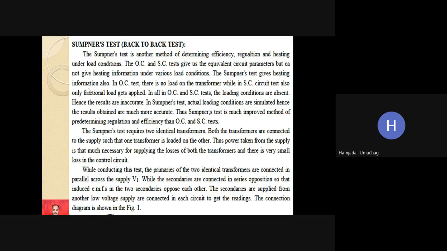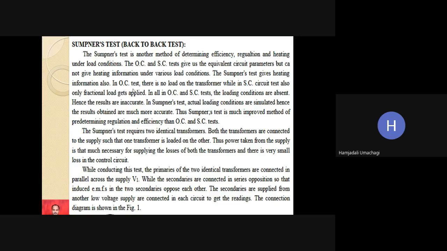Whereas in the OC and SC tests, heating information is absent, so the values of efficiency and voltage regulation we calculate are not accurate.